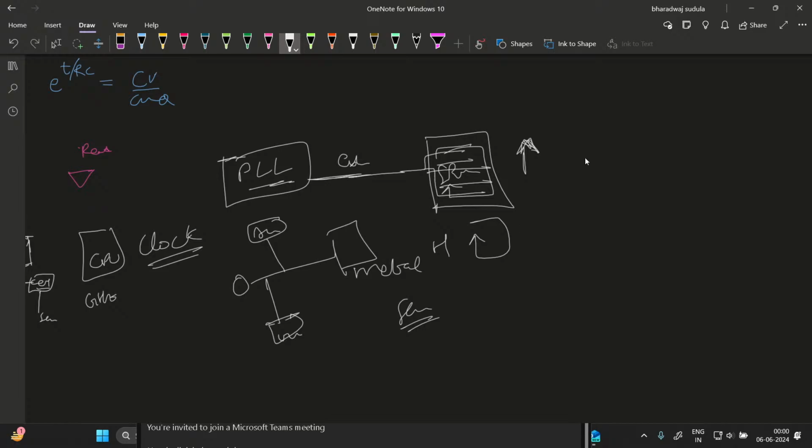Earlier it was like an H tree kind of thing. But as the size of the chip is shrinking, the distribution, the routing, and the placement of the wires is getting difficult.